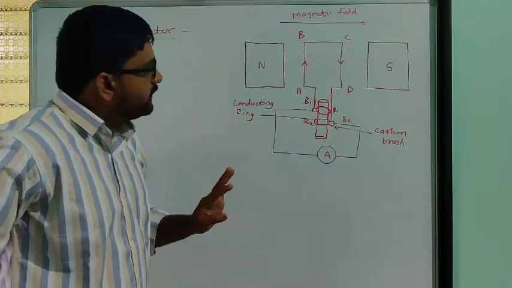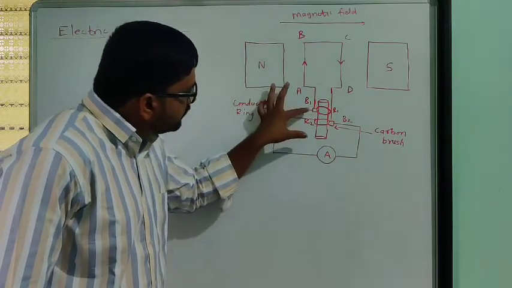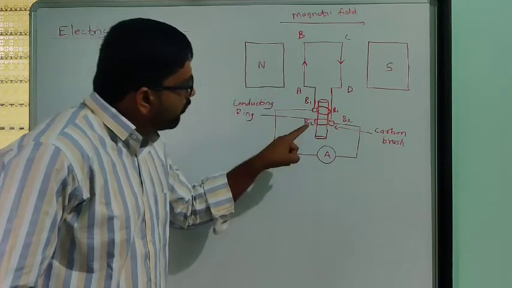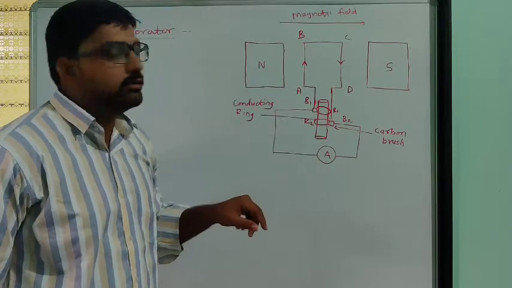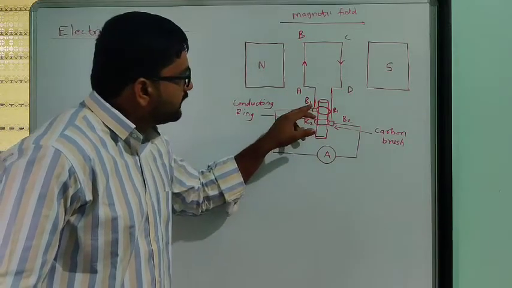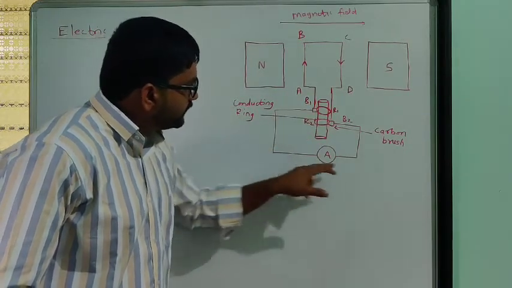These carbon brushes are used to make contact with the two rings, R1 and R2, because we cannot directly connect the outer circuit.